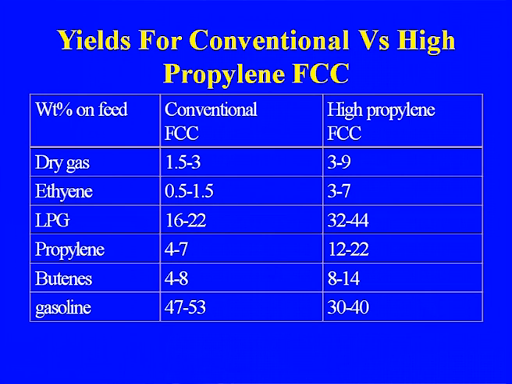Here you see the butenes and gasoline yield, because when you are operating FCC in the propylene mode, definitely that is at the cost of the gasoline. So, as I told you, depending upon the situation and the requirement, you can operate the FCC either in the gasoline mode or the propylene mode, because propylene is a more value added product than gasoline.